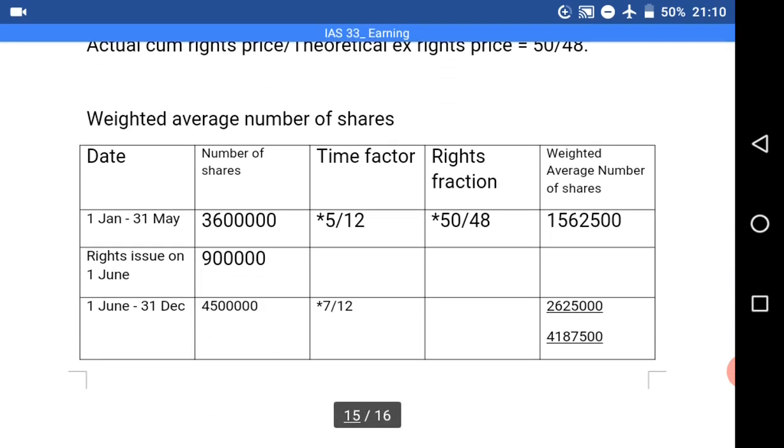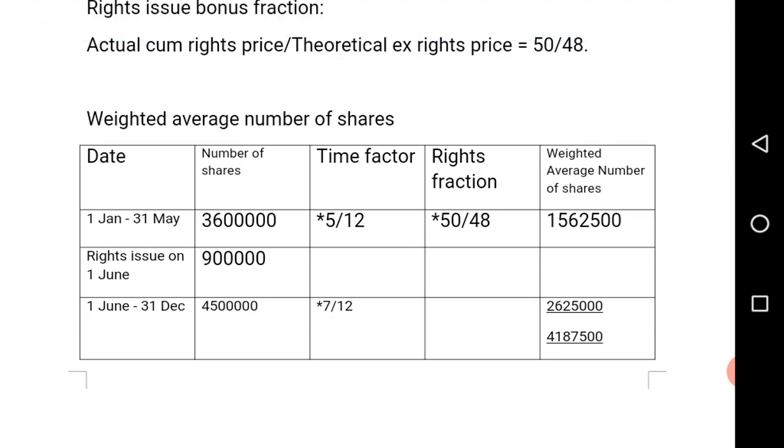Now we are calculating for year 2. January, February, March, April, May, we have 5 months. 5 divided by 12. Then we will multiply it by the rights fraction here, 50 divided by 48. So we have 1,562,500 as the number of shares.